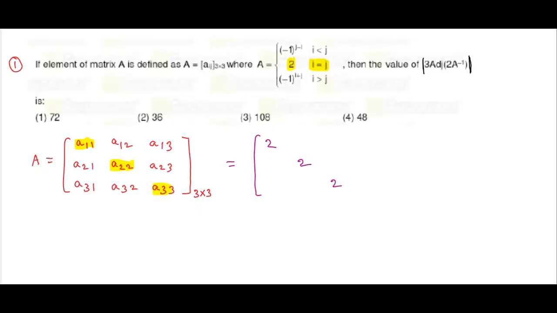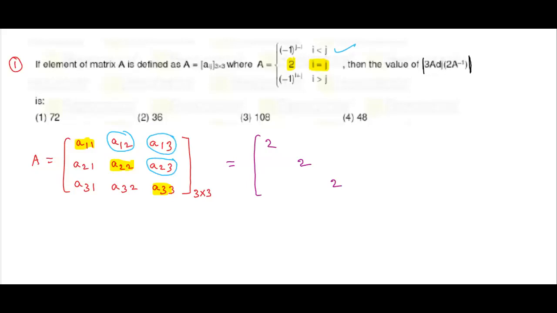If i is less than j, where is i less than j? See here, 1 less than 2. Yes or no? 2 less than 3. Next, 1 less than 3. These 3 elements. In this place, we can write minus 1 power j minus i.